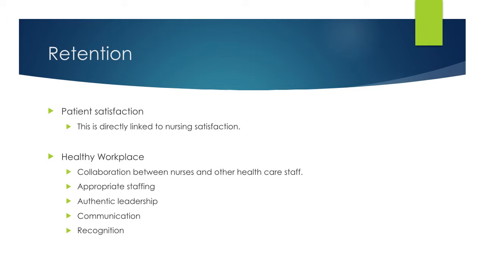Authentic leadership, having somebody in a management position that you know actually cares about you. Communication is key as well, and there's good communication throughout the whole unit. People feel heard and people feel cared about. If not, they're going to feel isolated and by themselves.